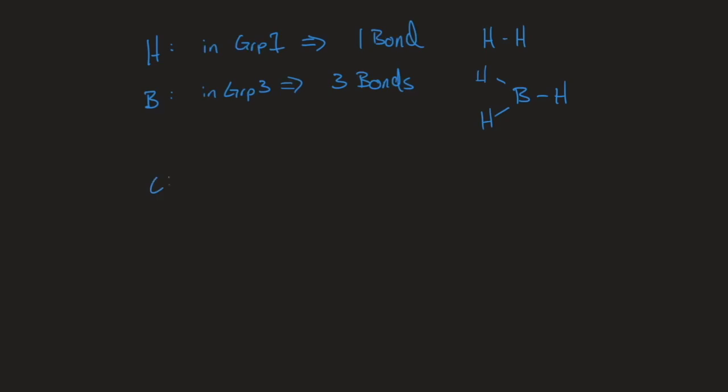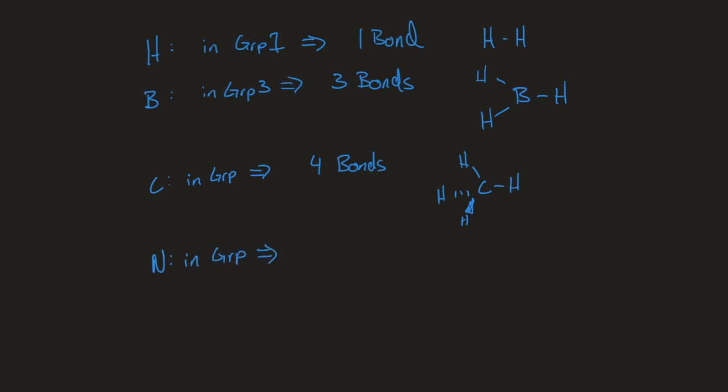Carbon, we've seen a couple of times, is in group 4, and so it typically forms 4 bonds, as in methane, which we have already seen today. Nitrogen is in group 5, but it does not form 5 bonds.